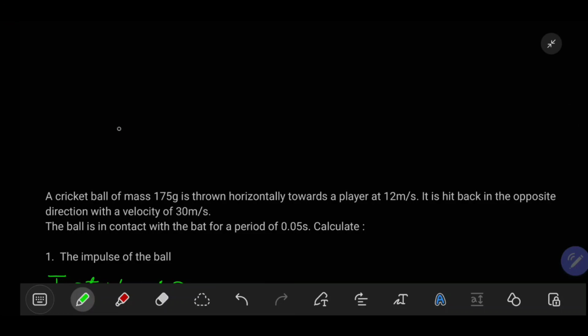We're given a cricket ball which has a mass of 175 gram, and it's thrown horizontally towards a player, just like this, and it's traveling at a velocity of 12 meters per second.